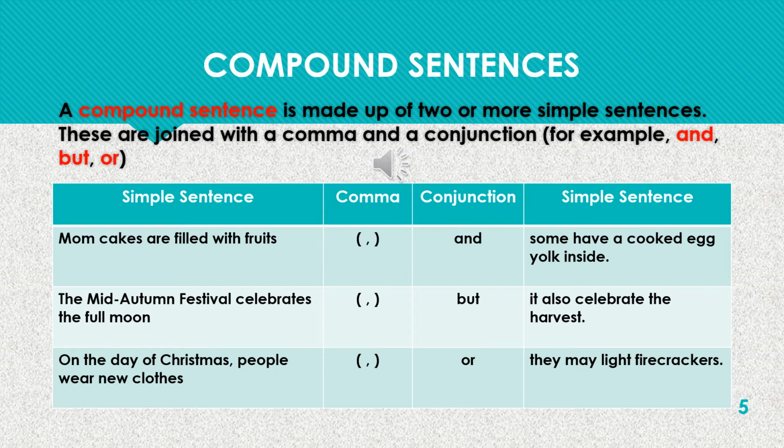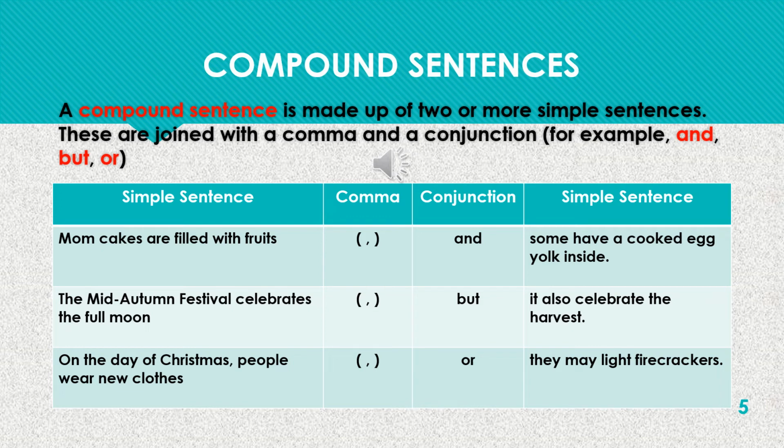Now let's read one more time the first example. Mom cakes are filled with fruits, comma, and some have a cooked egg yolk inside. The next one. The Mid-Autumn Festival celebrates the full moon, comma, but it also celebrates the harvest.